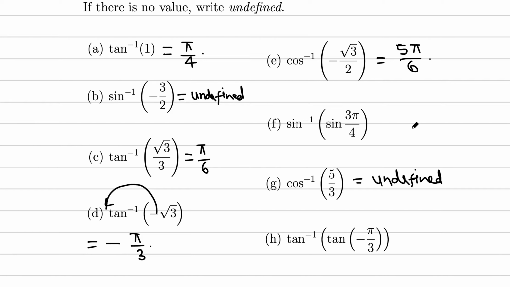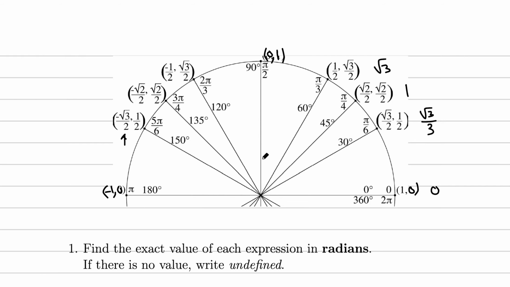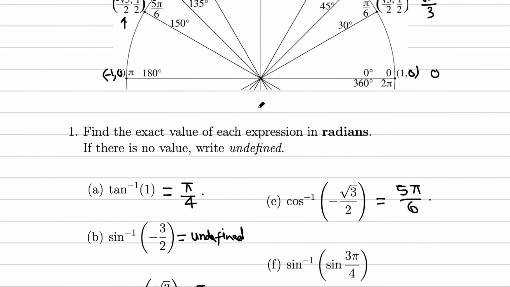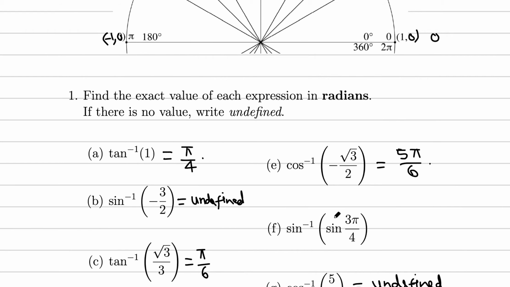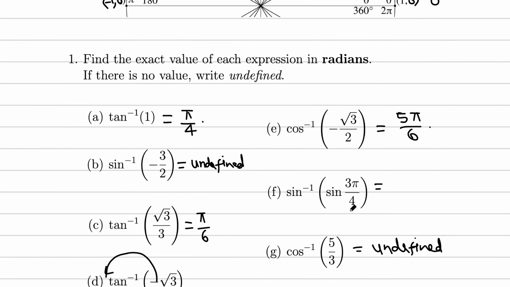That's in the fourth quadrant. 3 pi over 4, that is in fact in the second quadrant, bigger than 90 degrees. But 3 pi over 4, I just saw here, this is a standard angle. Then what we can do is find the value of sine 3 pi over 4. So it will be a two-step.